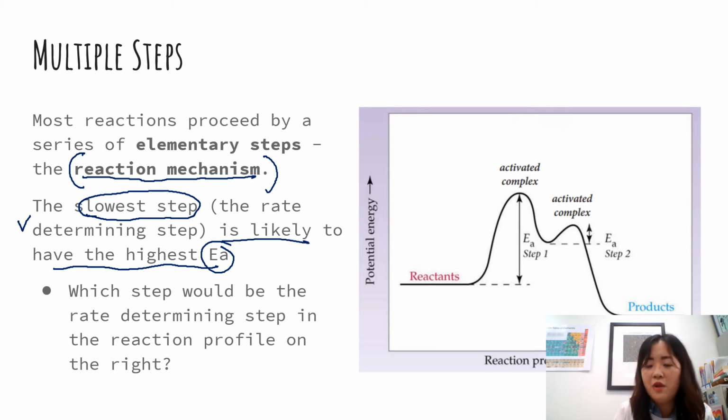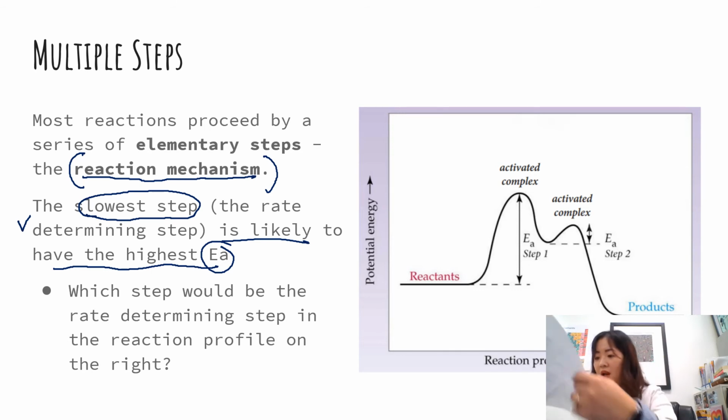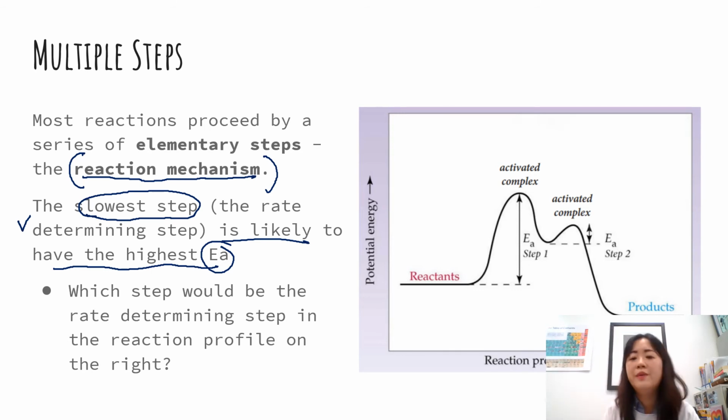Right? So if you look at this little diagram that you see over to the right, and I think we have this one, yeah, you guys have this right in your notes over here. We don't just have one hump here, but we have two activation energies inside of our reaction profile. And we could see that there is a reactant, there's an activation energy here occurring for reactants and products, and then you reach this product stage.